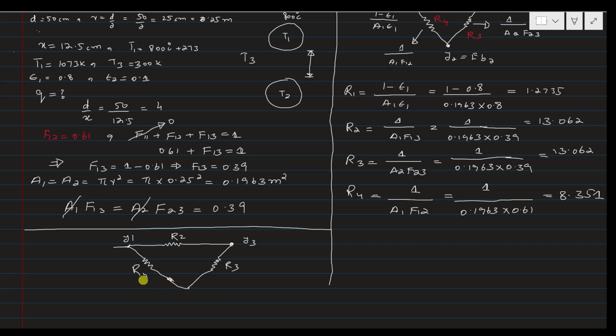So first we simply add R4 and R3 to find the equivalent resistance in series. The sum R4 plus R3 is equal to R5.